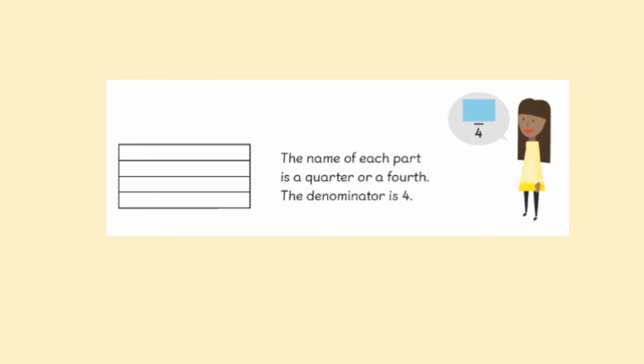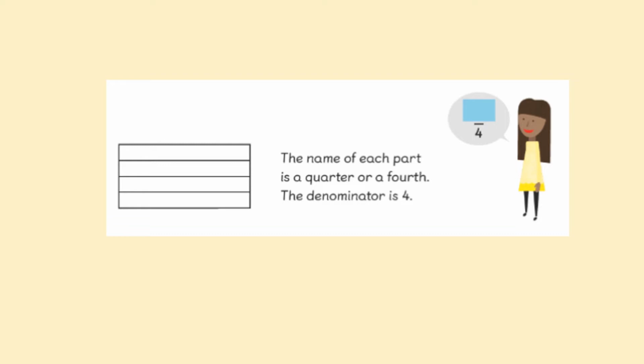Here, the rectangle has been divided into 4 equal parts. The name of each part is a quarter or a fourth. With fractions, apart from half, we can always figure out the name by just adding th onto the end of the number. So this is a 4. Quarter sounds like it doesn't make any sense.